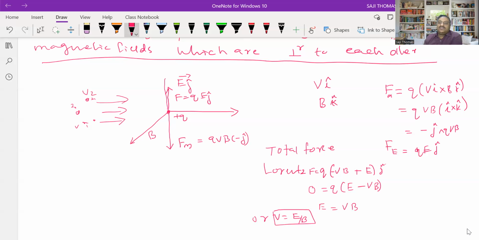This arrangement is known as velocity selector. This has an application. It is used in mass spectrograph. What is this mass spectrograph? It is a device to separate charged particles having different charge to mass ratio.